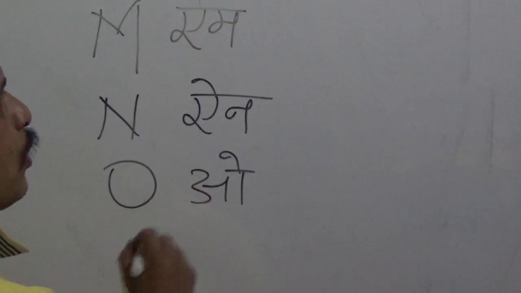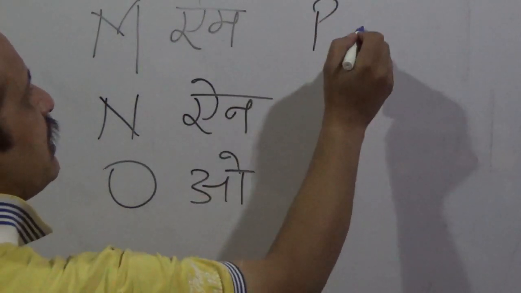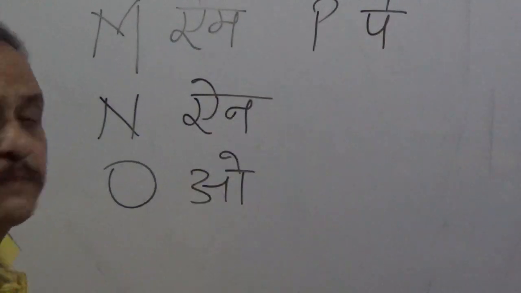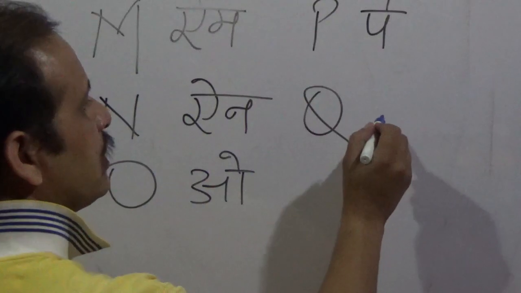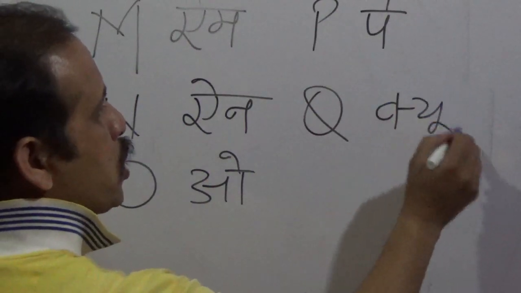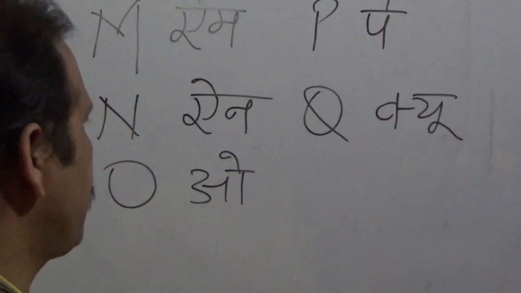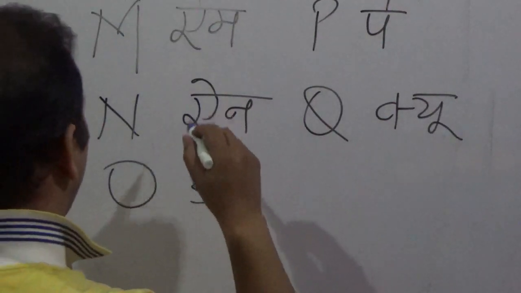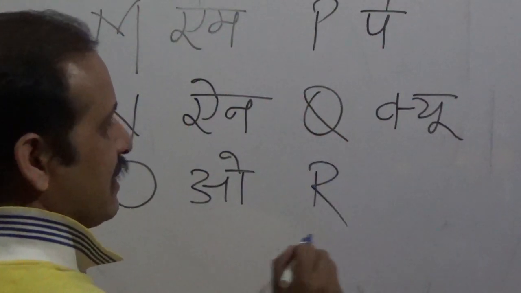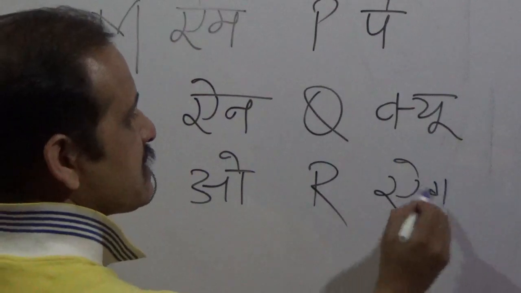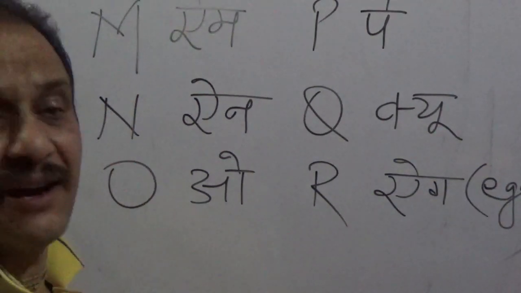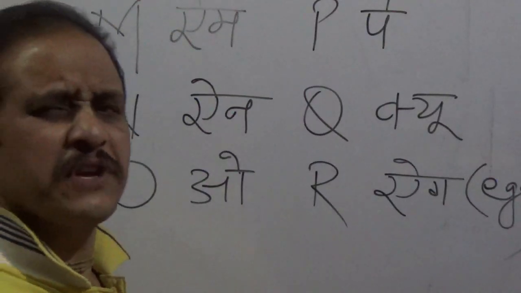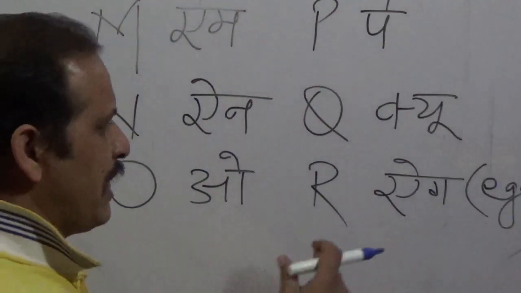O is O, but P is pronounced as P. Q is like Q. R, its original sound is air, like egg, anda. But non-French people don't make it air.